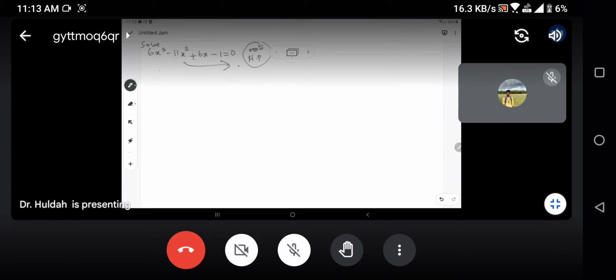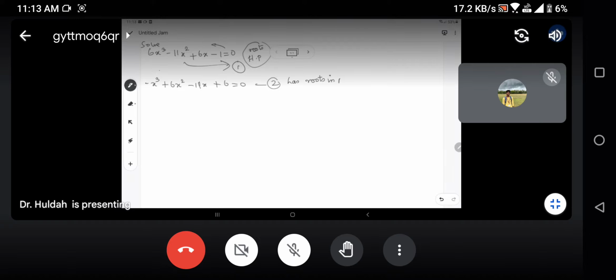Let me call this equation 1. Roots are in HP for equation 1. Let me write another equation starting from backwards: minus x cube plus 6x squared minus 11x plus 6 equal to 0 has roots in AP.